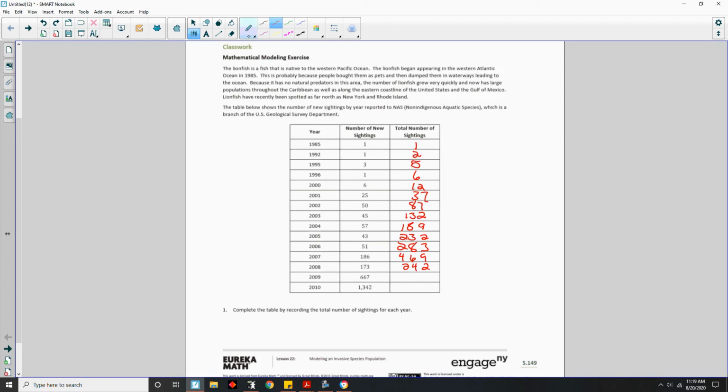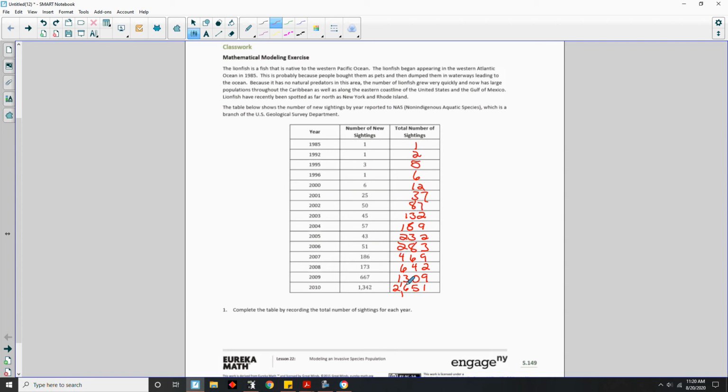What did I do wrong? 7 and 7 is 14, carry the 1, 469, 569, 642. 7 plus 2 is 9, 6 plus 4 is 10, carry the 1, that's 7, 7 plus 6 is 13, and 9 plus 2 is 11, carry the 1, 1 plus 4 is 5, 3 plus 3 is 6, 1 plus 1 is 2.